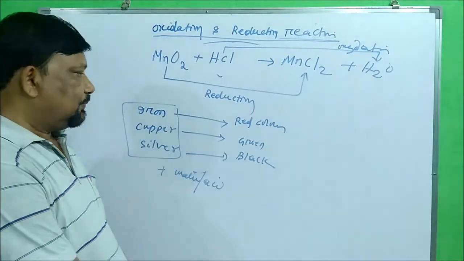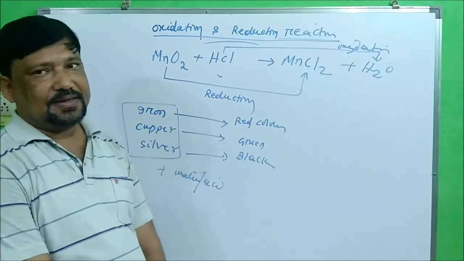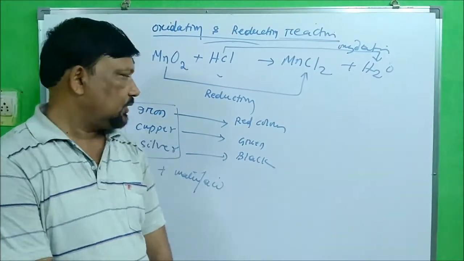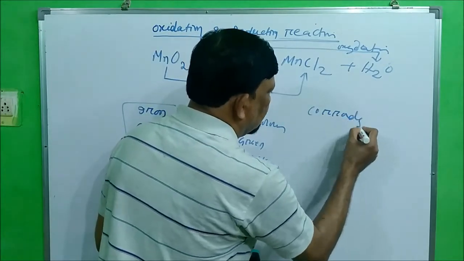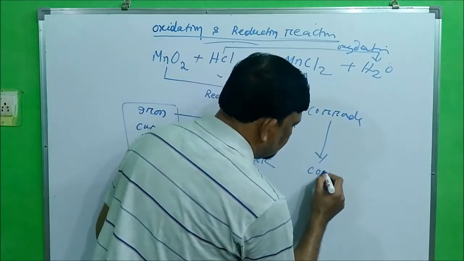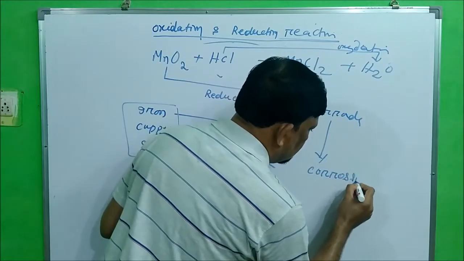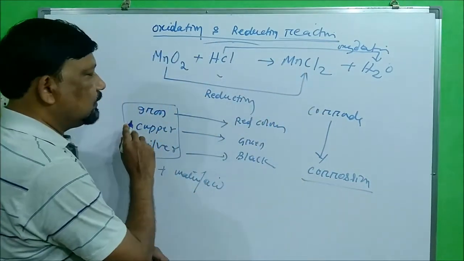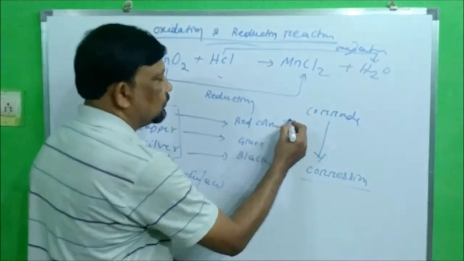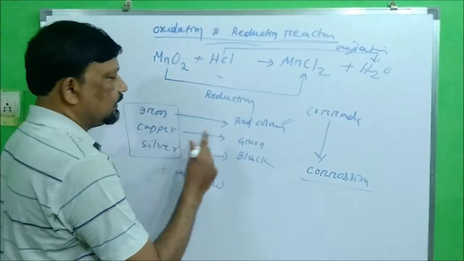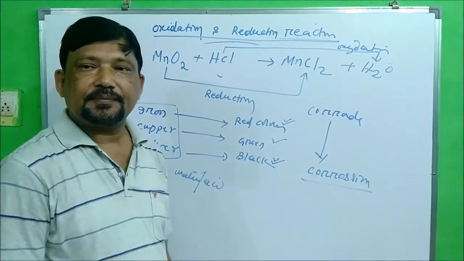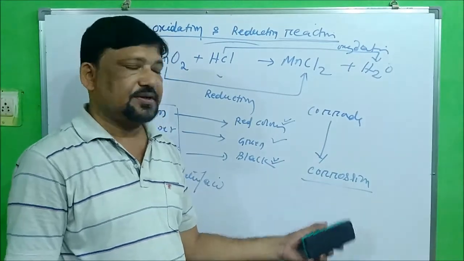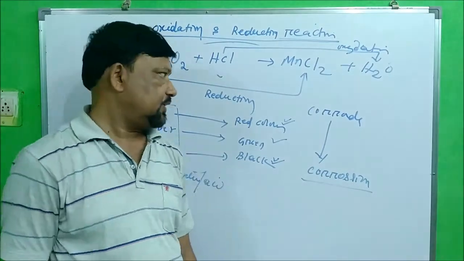Okay, and that formation of oxides is called corrode, C-O-R-R-O-D, and the process is called corrosion. So iron undergoes corrosion to form red color, copper gives green color, and silver gives black color. Clear? This process is called corrosion process.